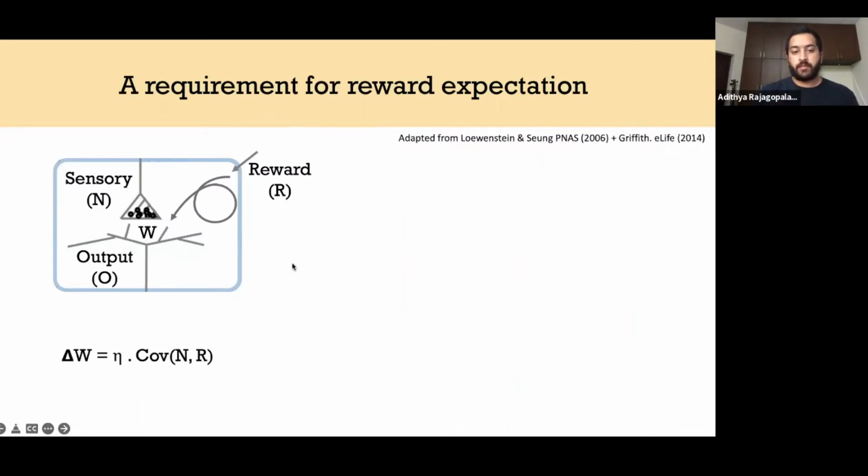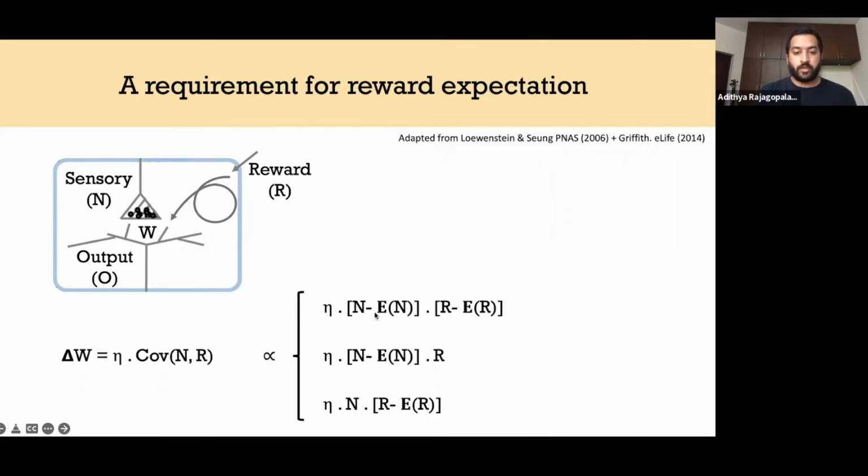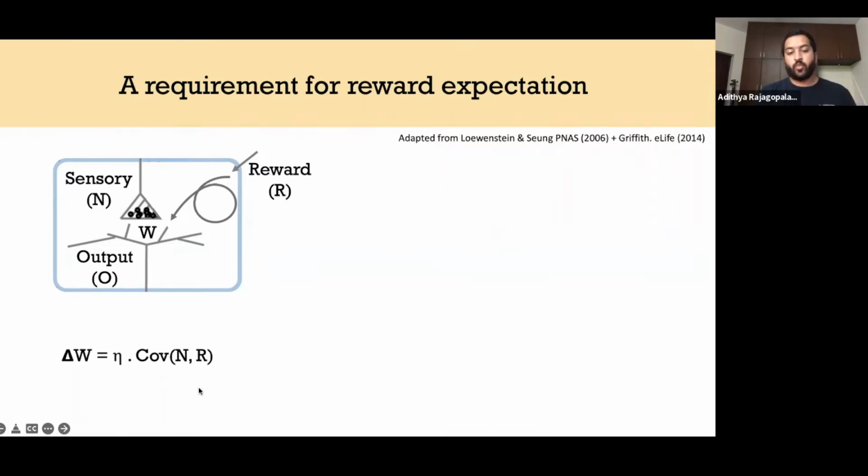And in this kind of paper, Loewenstein and Seung showed that you need a covariance-based learning rule that updates these weights with the covariance between the sensory neural activity and the reward activity. And they showed that in a learning rule where the covariance tends to zero at steady state, that is essentially what matching behavior is.